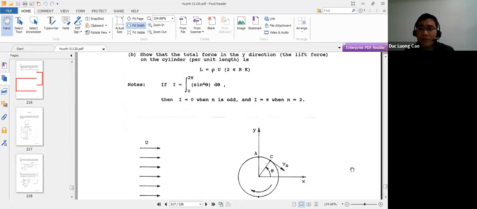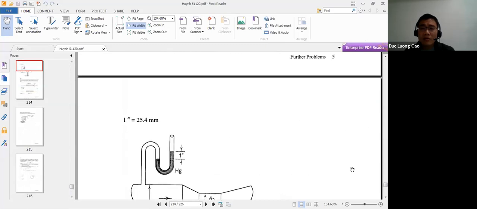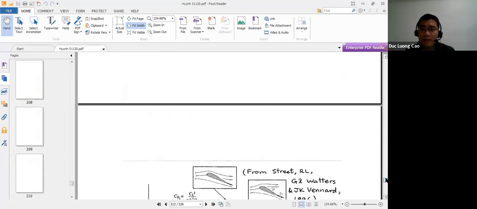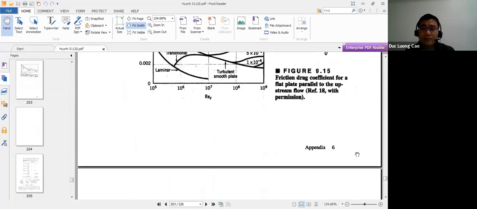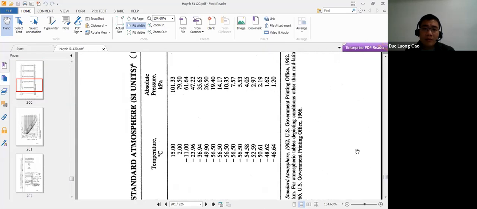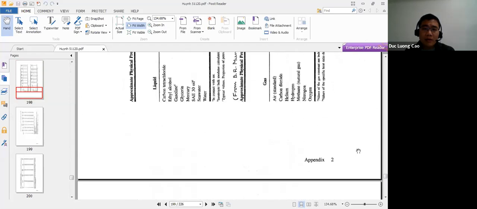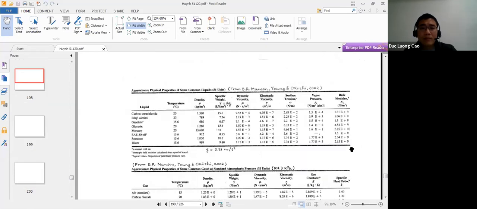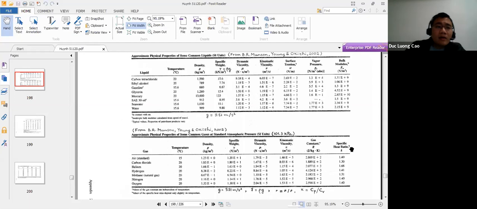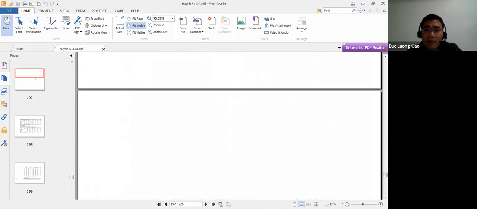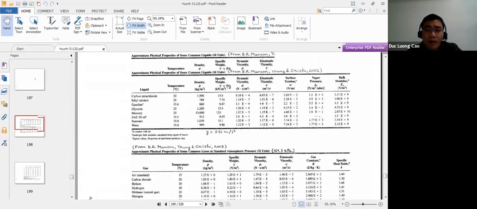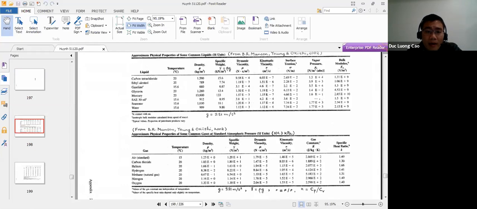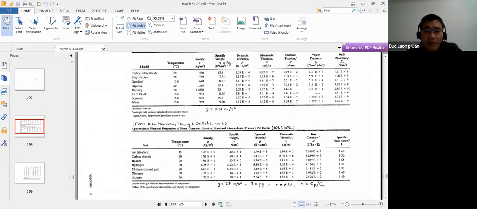In the appendix of the course notes, maybe table 1 here, you find the property of air in standard condition, tables 1 and 2. Air at standard condition has a density of 1.23.